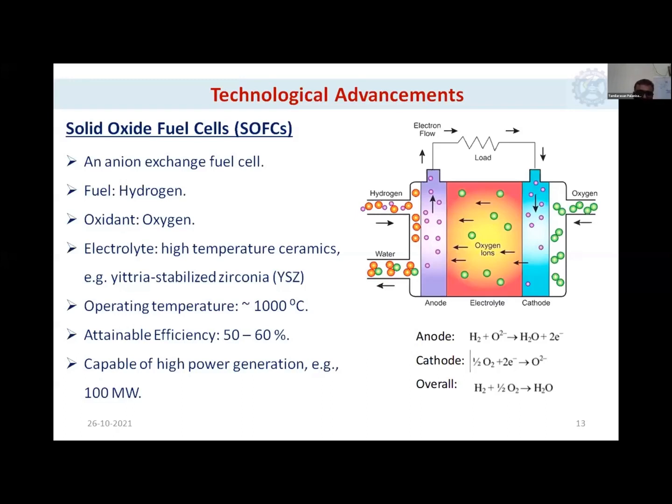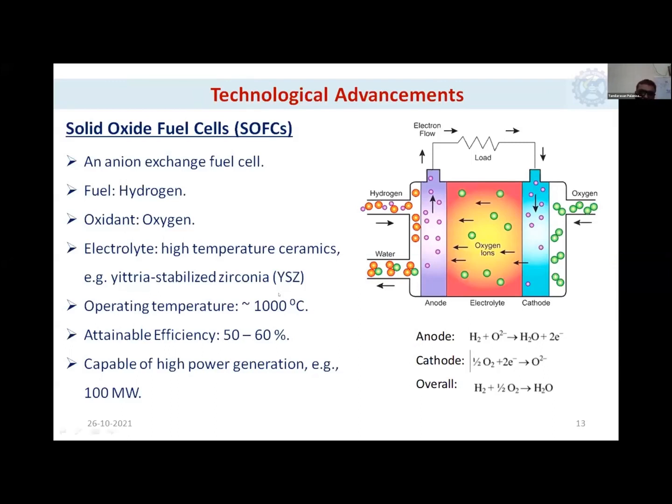Why is it called solid oxide? The electrolyte is a solid oxide. And of course, the electrodes can also be made of solid oxides, like nickel oxide or some Fe oxides. But the important advantage is that we are mitigating the liquid. You are using the electrolyte as a solid phase. Okay, but still it is a high temperature fuel cell.